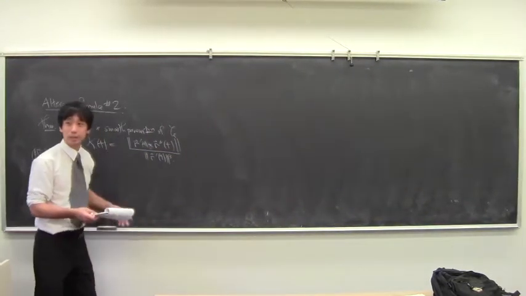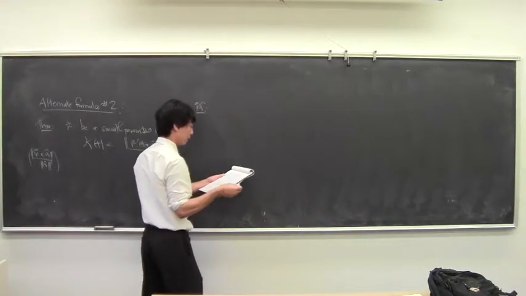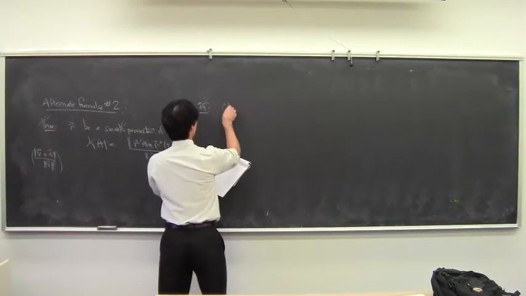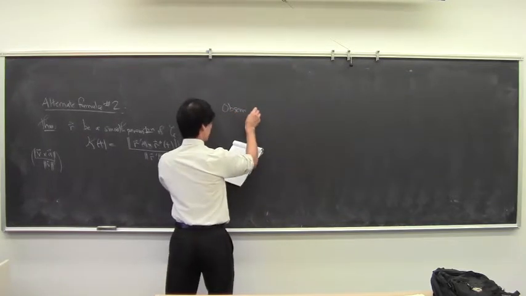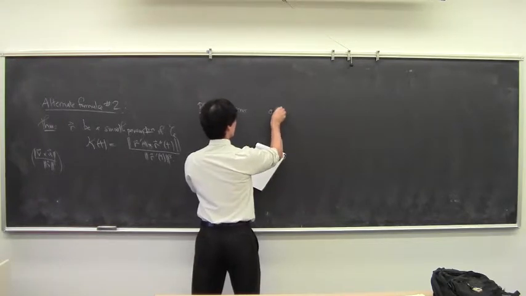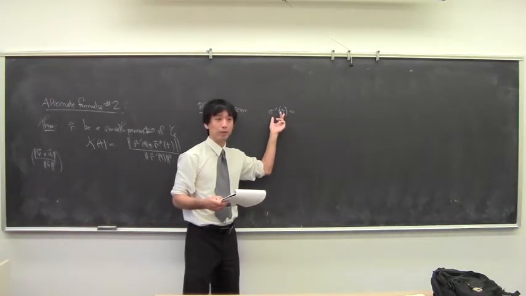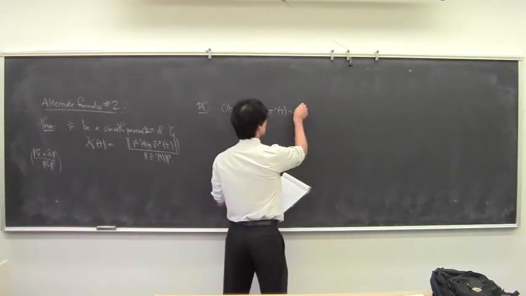So here's how one sees it. This is a little bit involved, but let's notice. First observe that, as we've said many times before, the derivative of the arc length function is just the speed.